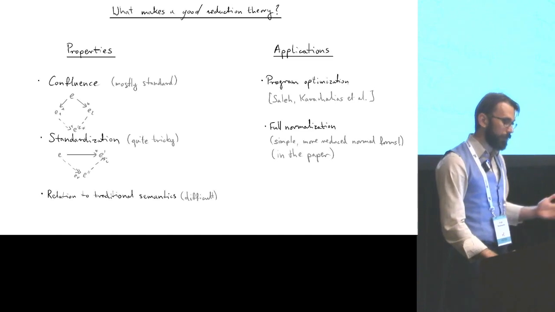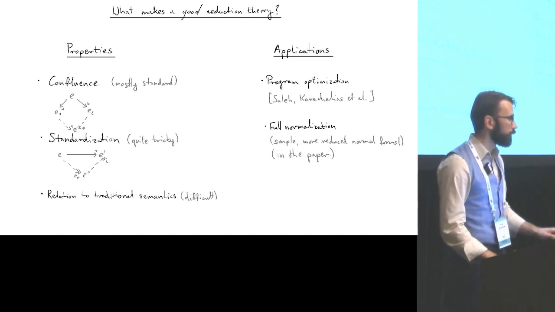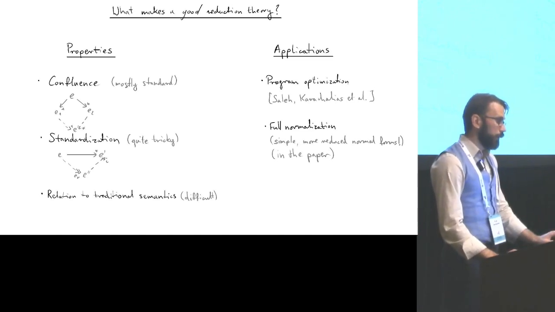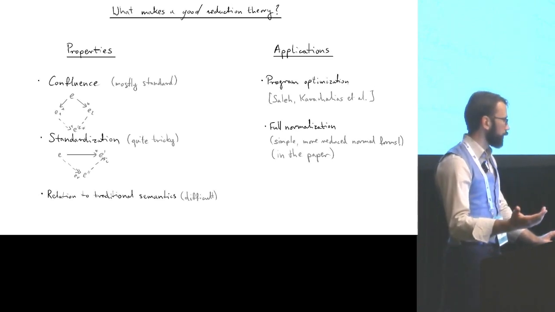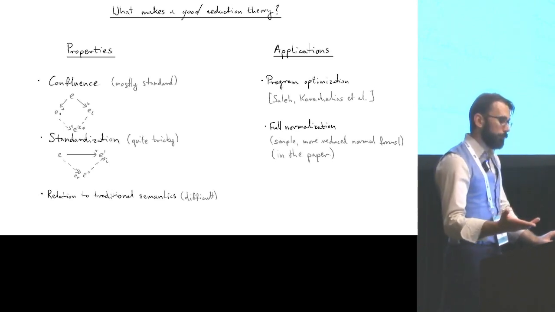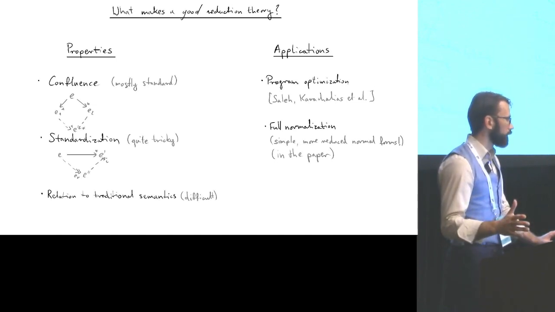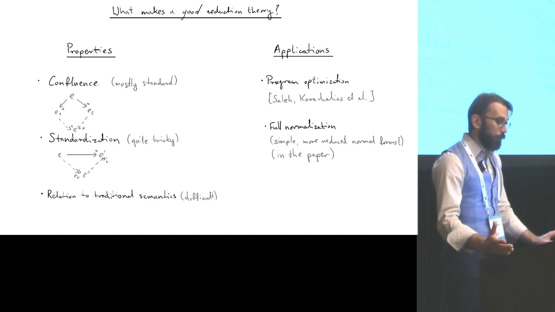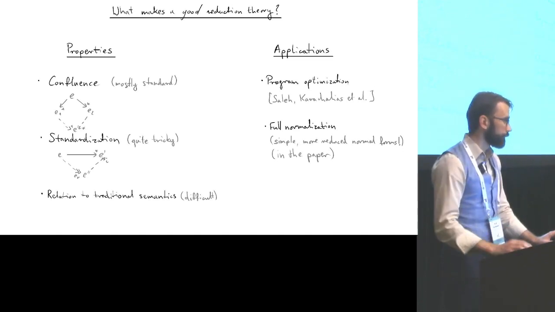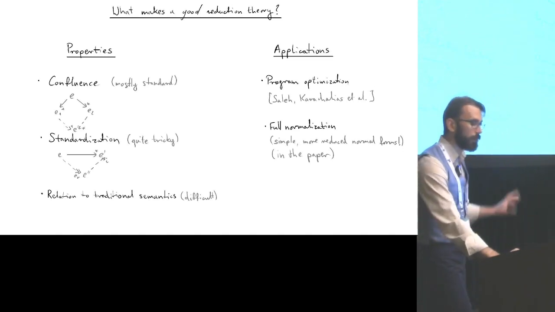And then in terms of applications, what we also did in the paper, based on this reduction theory and the nice normal forms that it produces, is build a semi-algorithm, obviously, because without types it's not guaranteed to terminate, for full normalization. So, an NBE-style algorithm.